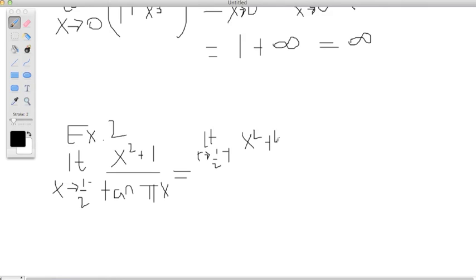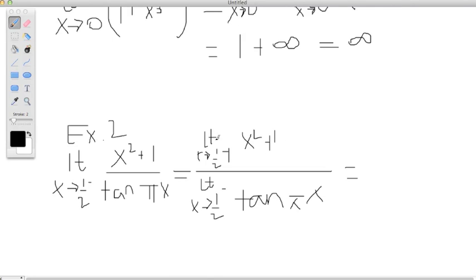It's the same concept. It's from the left, so it only gave you a left limit. So basically you just plug in that 1/2 for the x's in both limits, and for the limit as x approaches 1/2 from the left of x squared plus 1, you'll get 5/4. And the limit as x approaches 1/2 from the left of tangent pi x would be undefined.